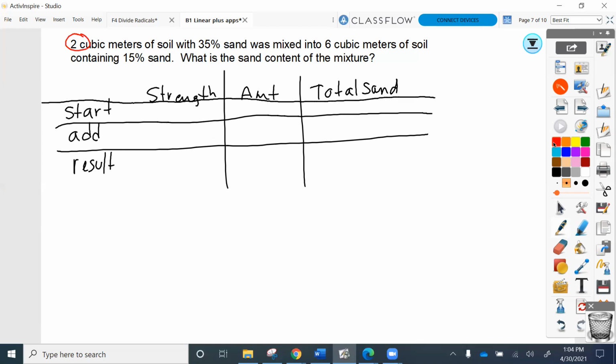Here we go. All right, so we started with 2, the amount, right? Started with 2 cubic meters of soil that had 35% strength.